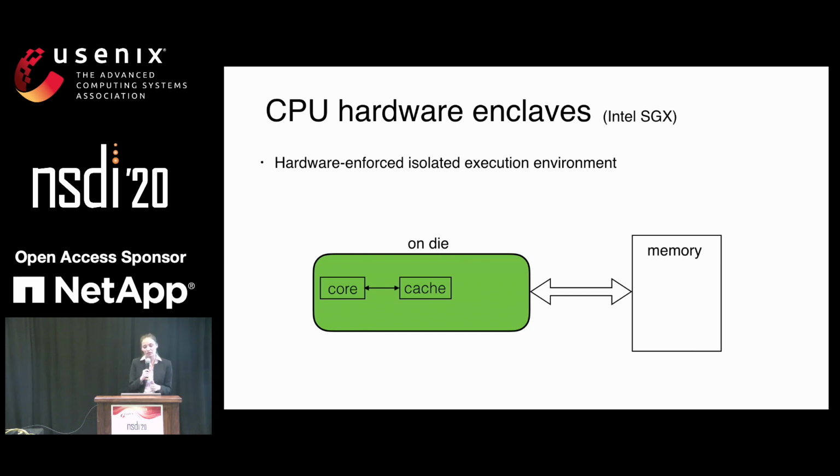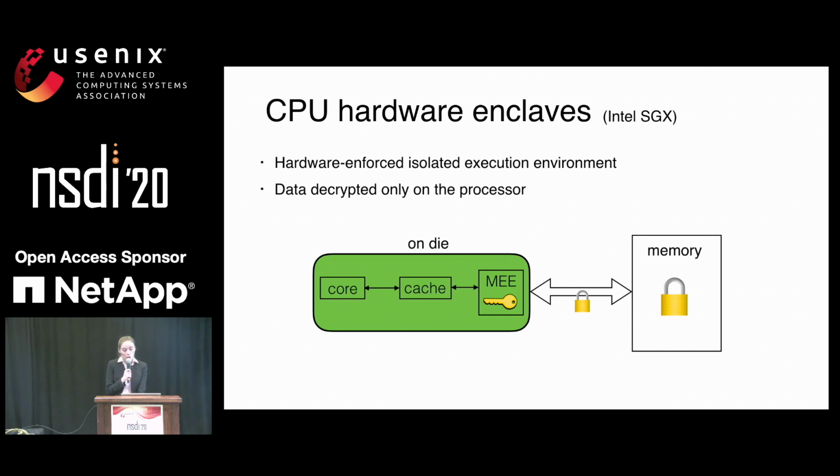So CPU hardware enclaves such as Intel SGX are a hardware-enforced isolated execution environment. The idea is that on the die you have an extra module, the MEE, which has keys for encrypting the data when it goes to memory and decrypting it when it comes back from memory.